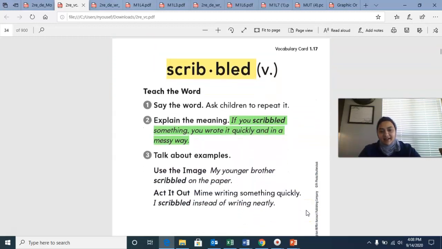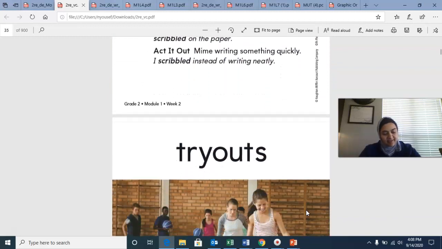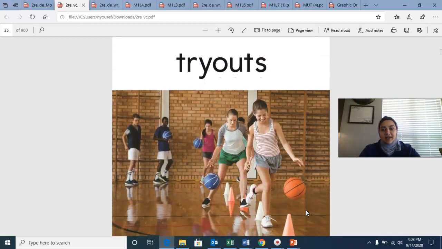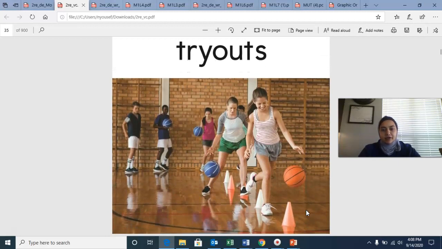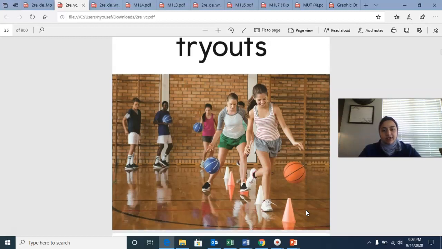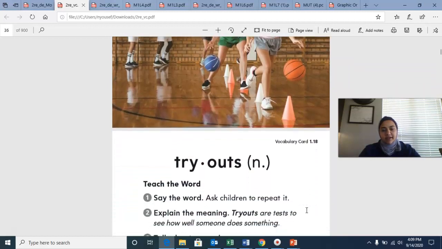The next word on the list is tryouts. In this picture is a whole bunch of kids dribbling a ball, like basketball tryouts. So what are they trying to do? Does tryouts mean playing? No, tryouts are tests to see how well someone does something.